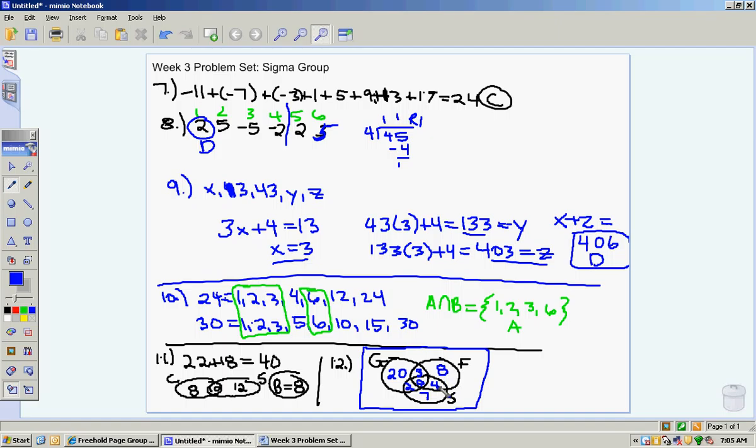So we've accounted for, if you add up all those numbers, 44 total people. And that's only a portion of the 80 that we're talking about here, leaving 36 to be part of what's called the universal set, meaning everybody else who's not in the circles. So the answer is 36, which is answer choice E here.